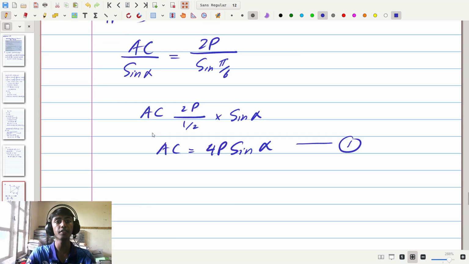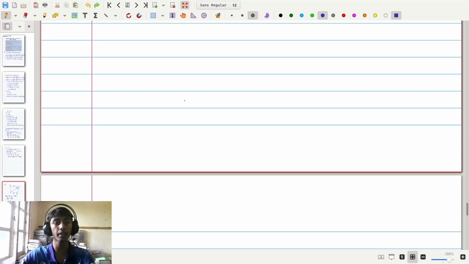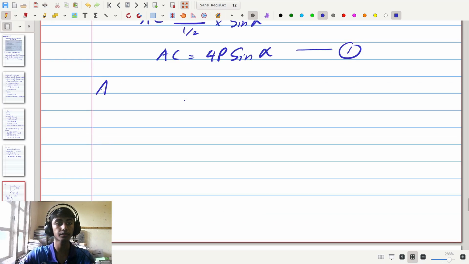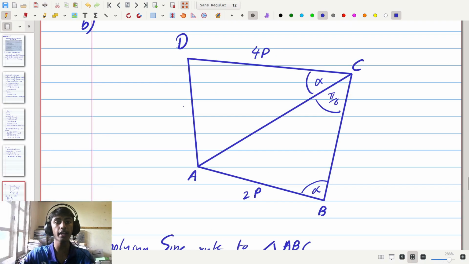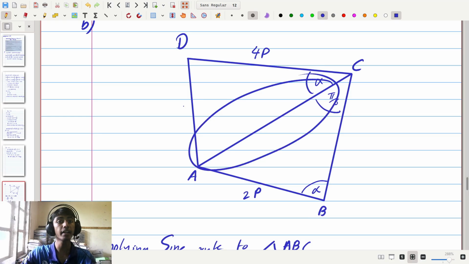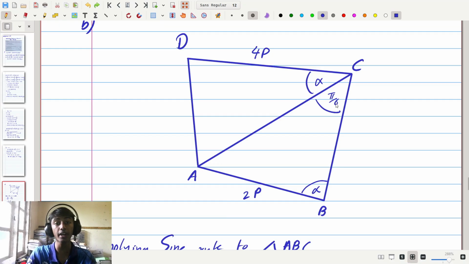Now, if we then apply the cosine rule to triangle ACD, we can write down AD squared as being equal to DC squared plus AC squared minus 2 AC DC times the cosine of alpha.